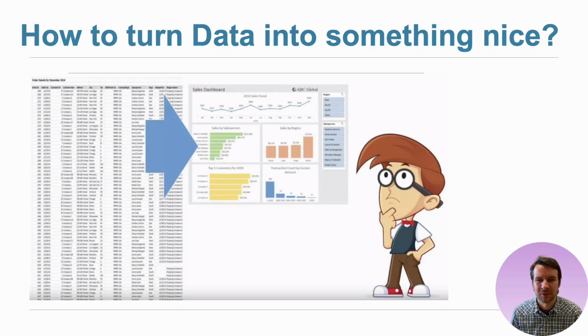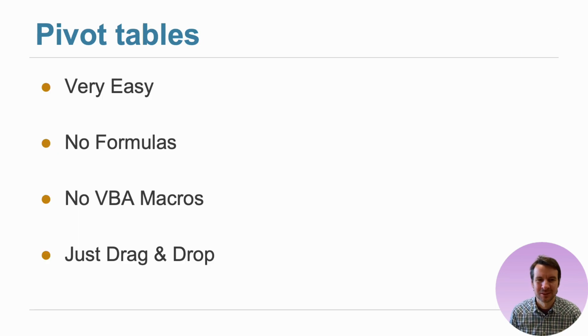What it kind of creates is that it keeps your data as is, and it creates kind of a virtual sheet, and it collects the data from your big table and allows you to do some processing on it.